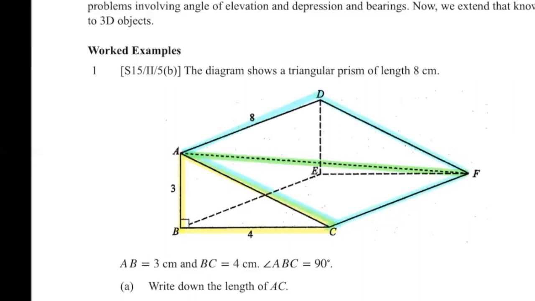Okay, and this is a rectangle. So if this is a rectangle, this is a right angle, and hence AF is part of another right angle triangle. In particular, AF is part of, let me highlight in green for you, this right angle triangle.